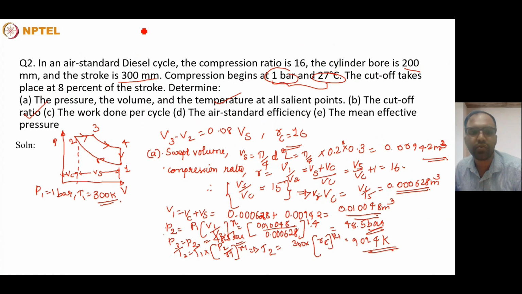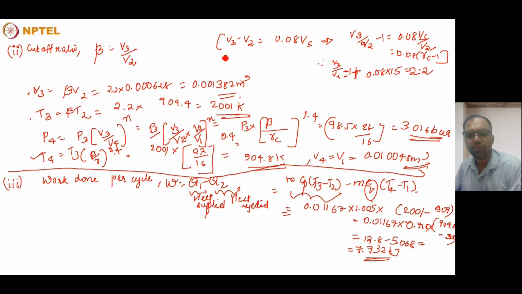It's an air standard cycle, so we haven't calculated the mass flow rate of a fuel, but it's actually the mass of air in kilograms.